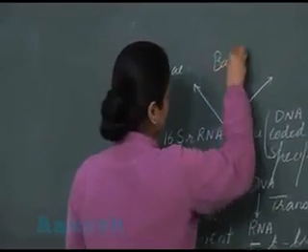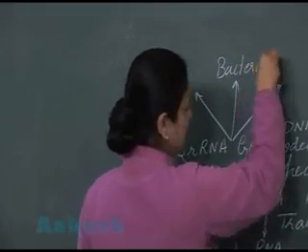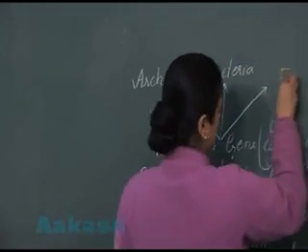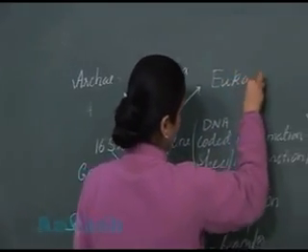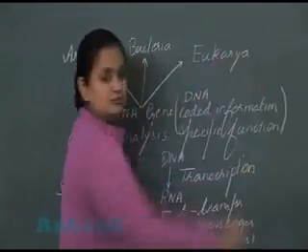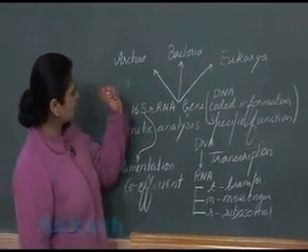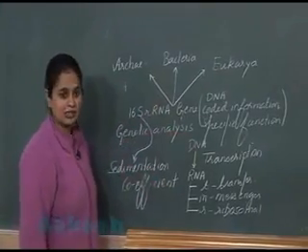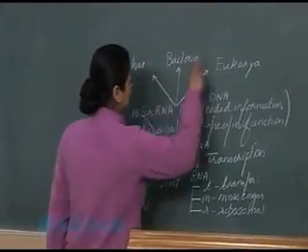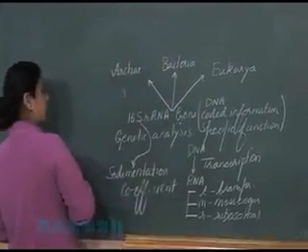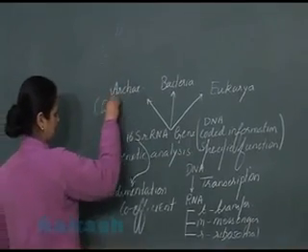Second is bacteria. Third is eukarya. After the genetic analysis, he generated these 3 groups, and he called them domains.